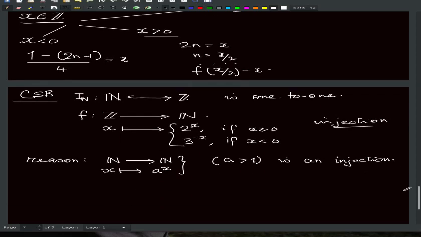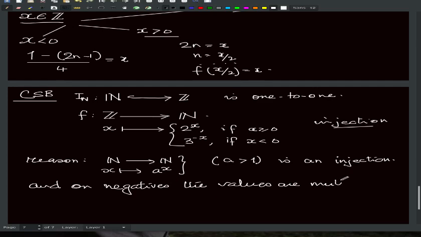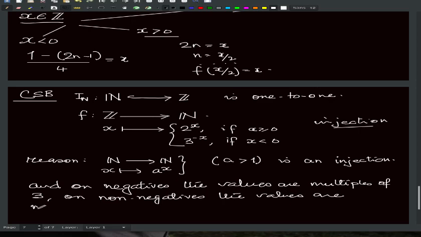And on negatives, the values are multiples of 3. On non-negatives, the values are multiples of 2.